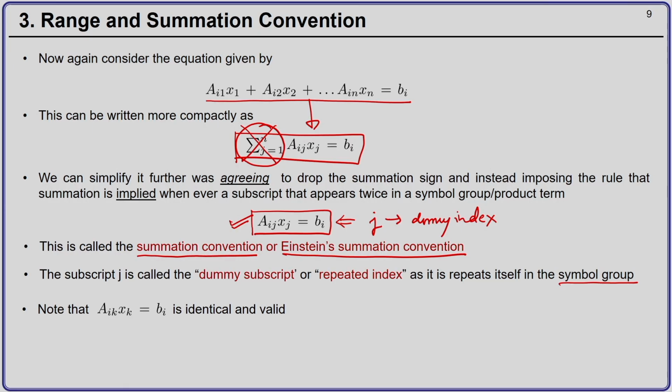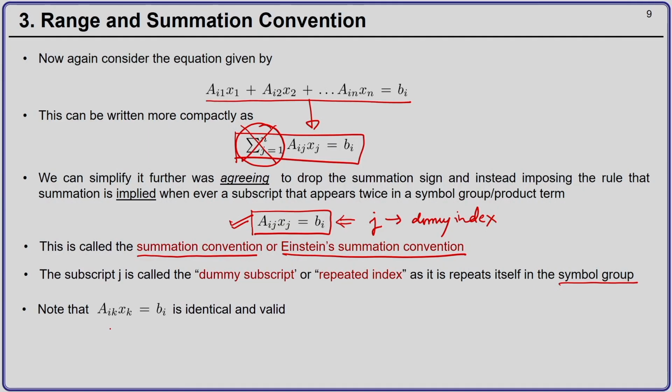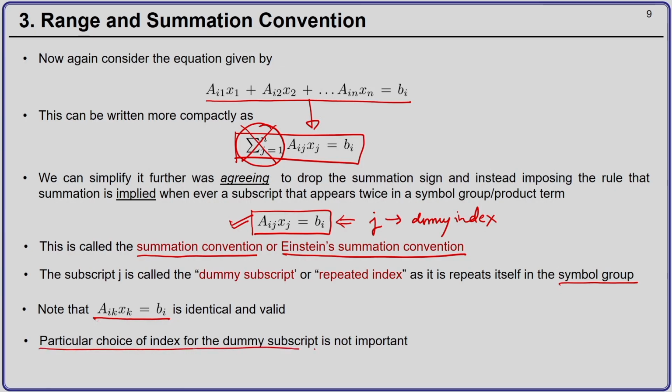Anybody can ask why j, can I use some other symbol? Yes, instead of j you can use k. So, instead of a_ij x_j, you can write a_ik x_k equal to b_i, and this is identical to the previous expression and is a valid expression. A particular choice of index for the dummy subscript is not very important.